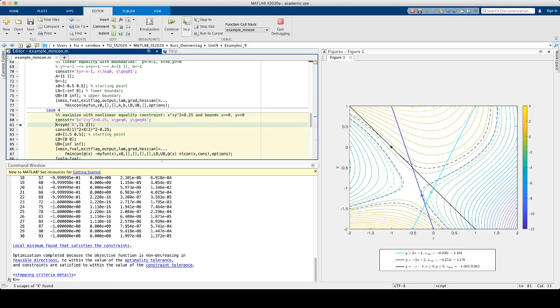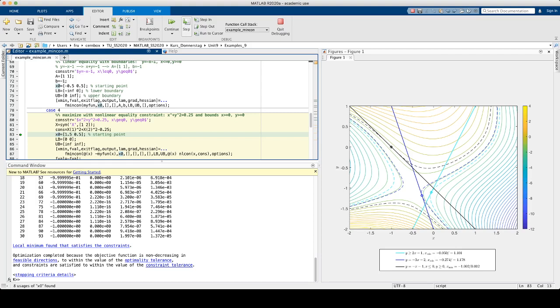A nonlinear constraint has to be represented by a function handle, and this is done in line 82. So this is the constraint on the two coordinates x1 and x2. You can see it's a circle with radius 1/2.